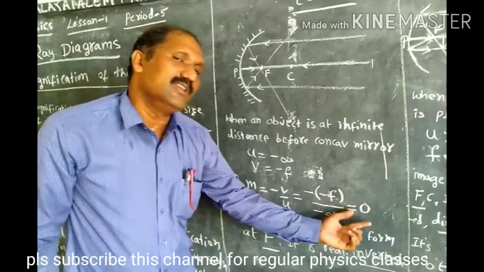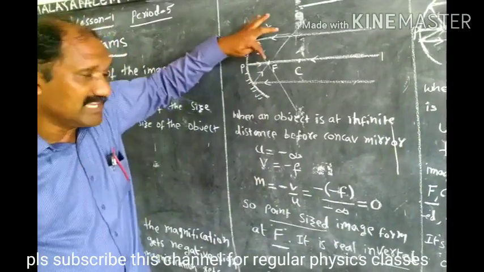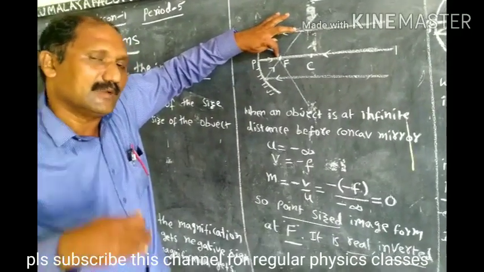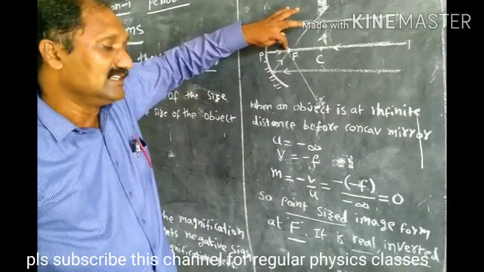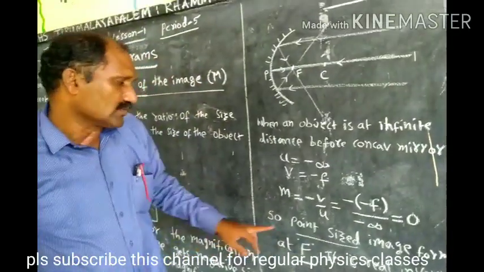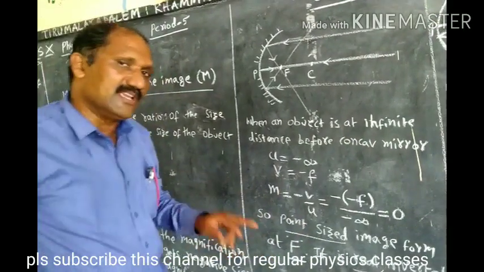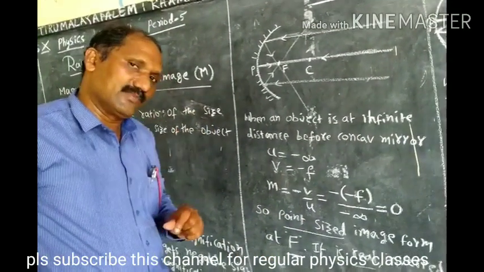That's why the magnification of the image when an object is at infinite distance is zero size. Zero size means point size.